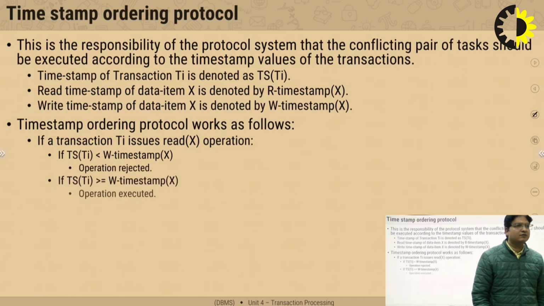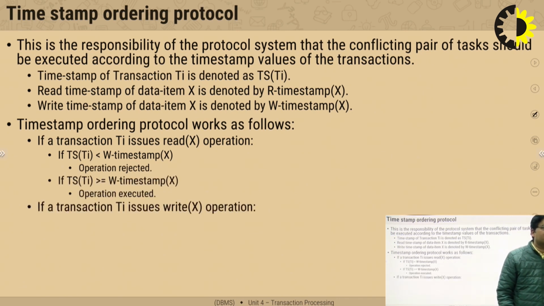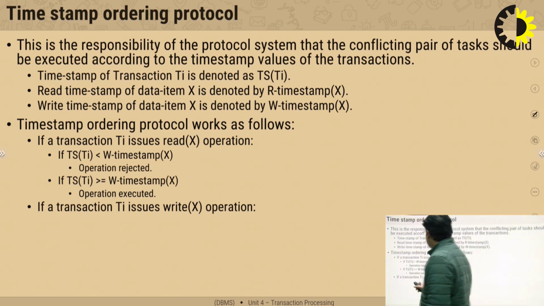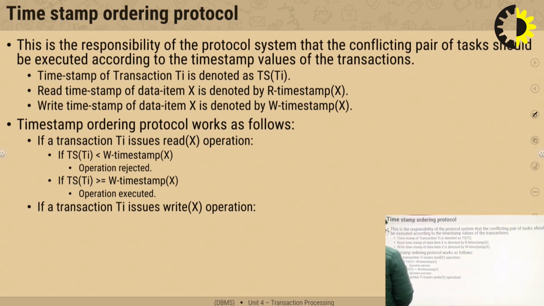Now let us see how this timestamping protocol works. Suppose a transaction Ti wants a read operation. Now we have to compare whether the timestamp value of that transaction is less than the write timestamp value. That is, the transaction that wants to read the value is an older transaction.